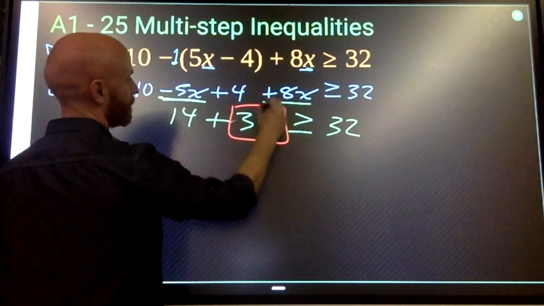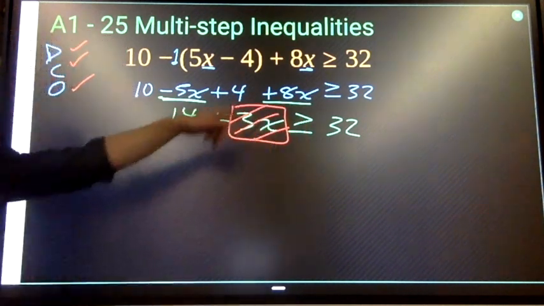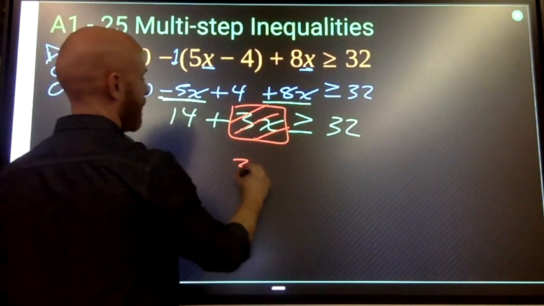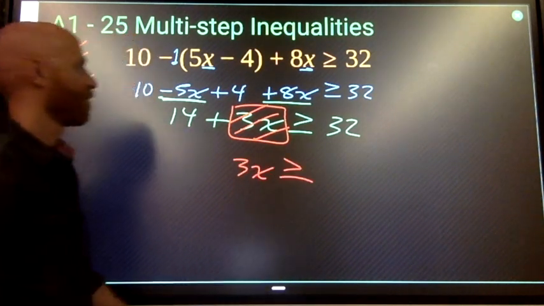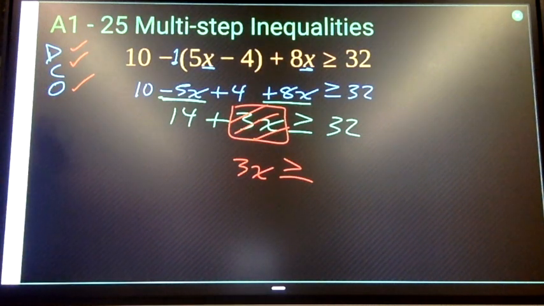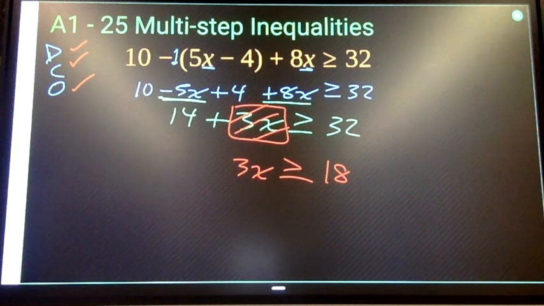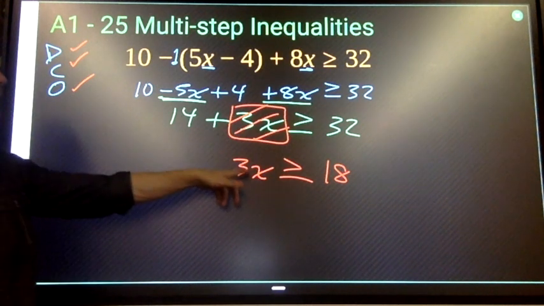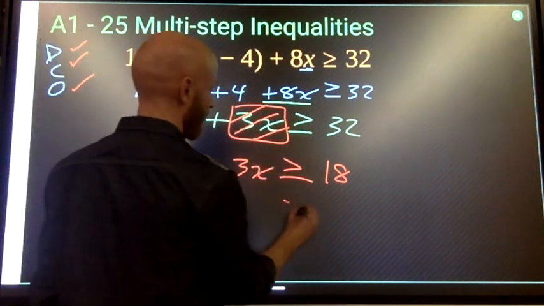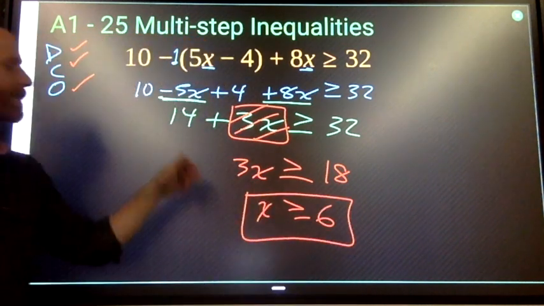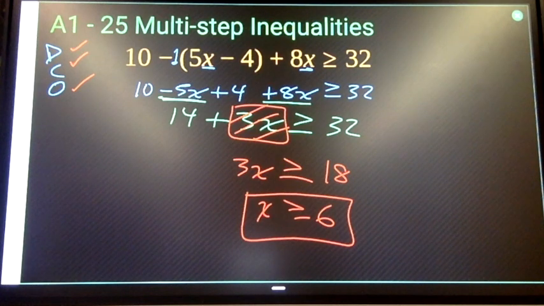Some number plus 14 is 32. What's that number? That number is 18. 18 plus 14 is 32. All right, some number times 3 is 18. What's that number? 6. X is bigger than or equal to 6.